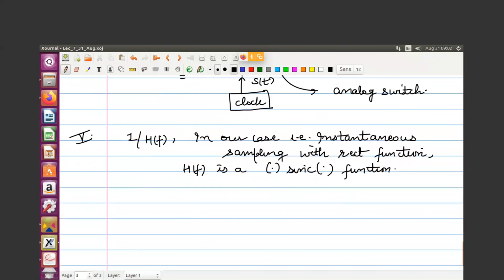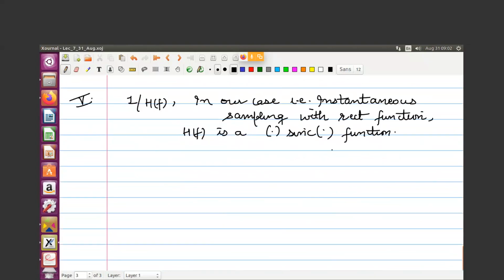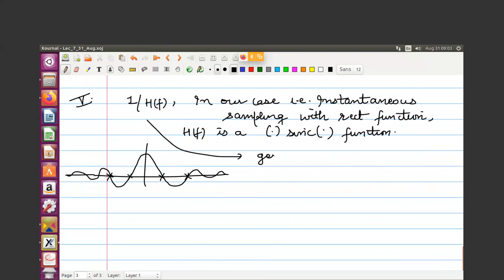Now the problem with 1 upon H(f) is that, as you already know, the sinc function has this sort of shape and this goes on. What will happen at the 0 points? See, this is the 0 point. If you try to make 1 upon H(f), it goes to infinity at the 0 crossings of H(f).